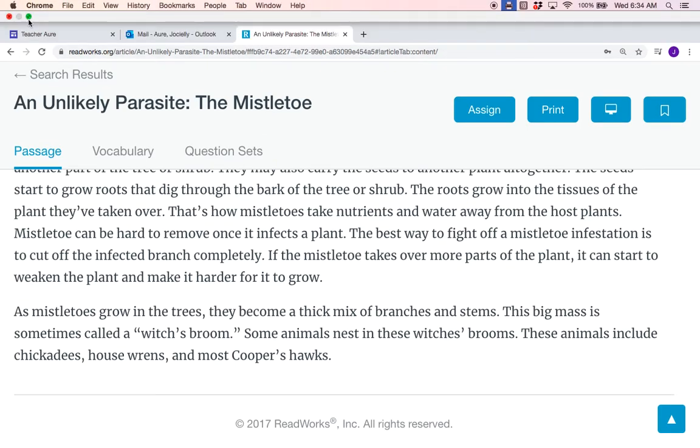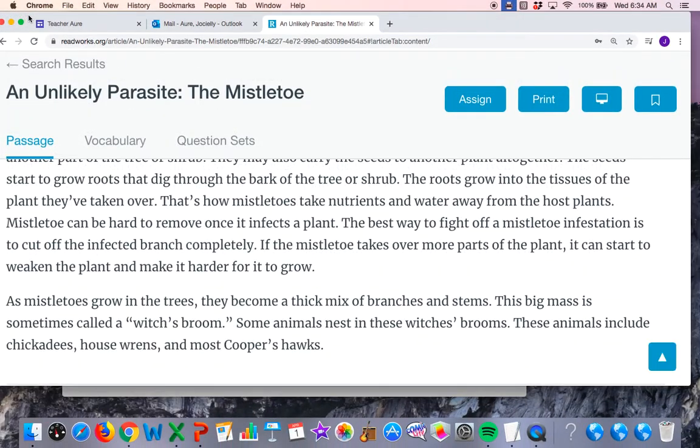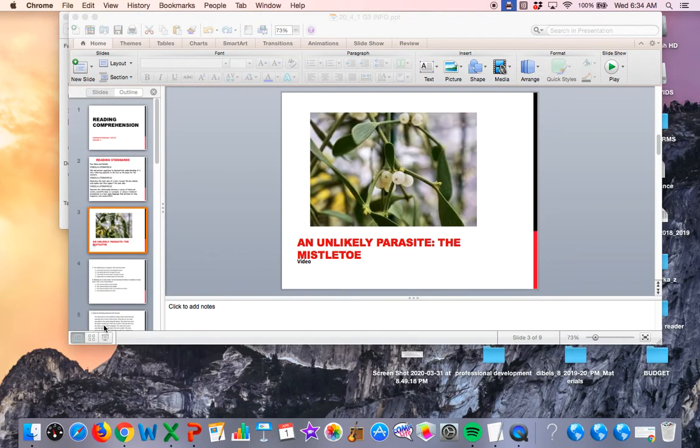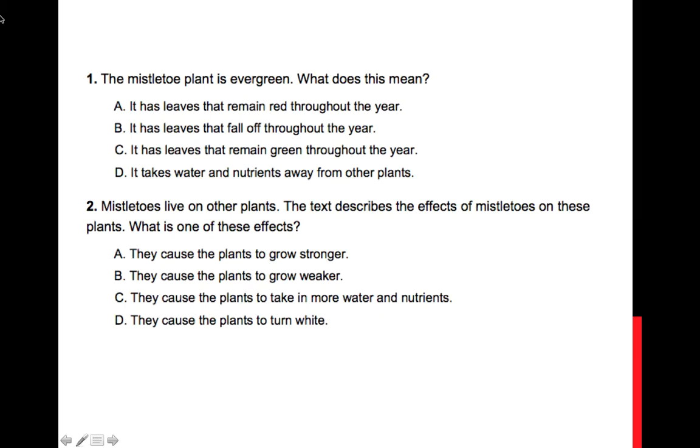So now the next part of our activity is you will be answering questions about this passage. You may get a pen and paper, pencil and paper, and write your answer on a separate sheet.